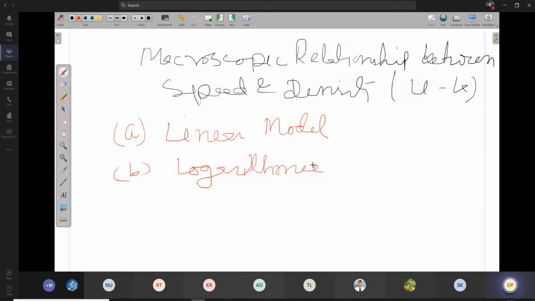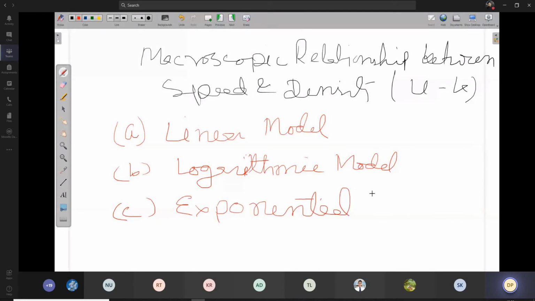And the third observation is the exponential model. There are many exponential models, so it is called exponential models. Then the fourth observation is the generalized polynomial model.